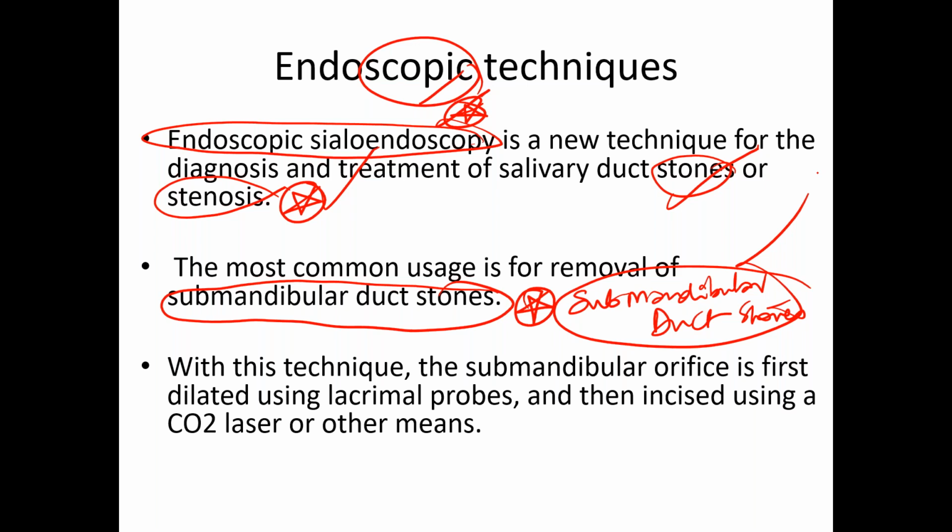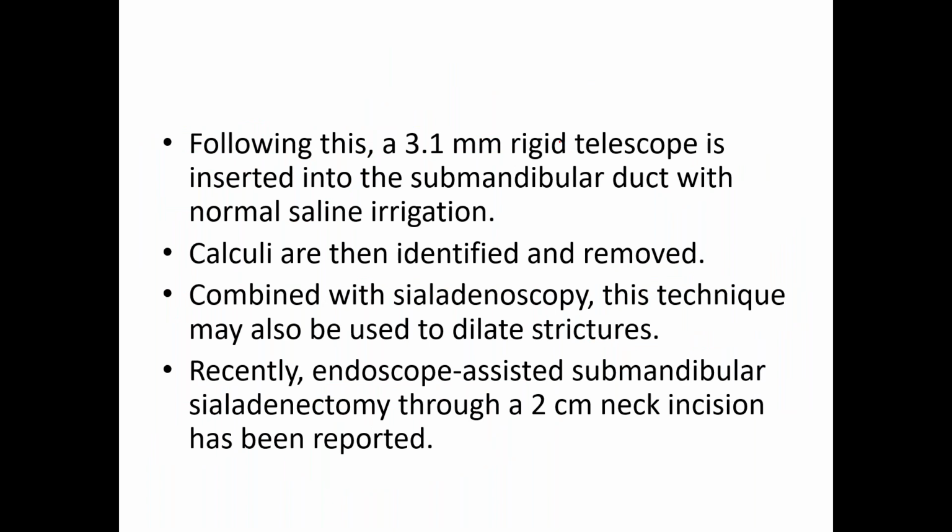The submandibular orifice is first dilated using lacrimal probes, and then you can use a CO2 laser and other means. And what is the size of the scope used in sialendoscopy? 3.1 mm.